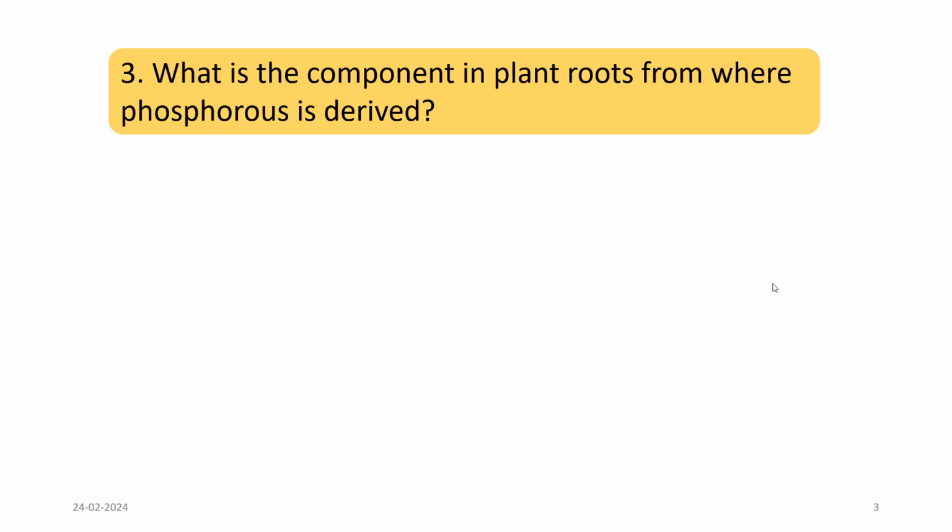Third question is what is the component in plant roots from where phosphorus is derived? I mean to say that phosphorus is mainly derived from plants.